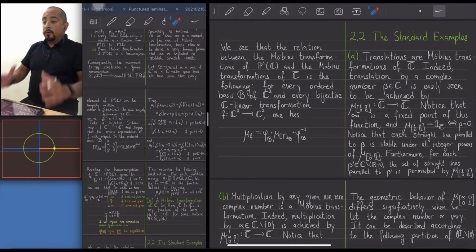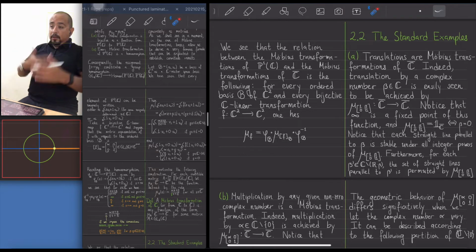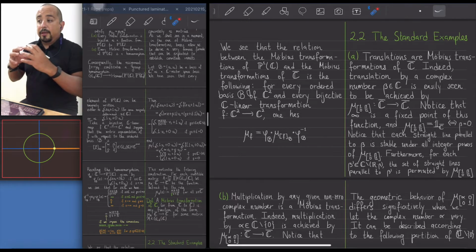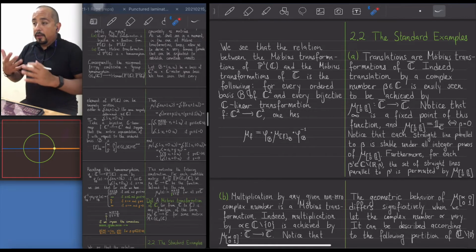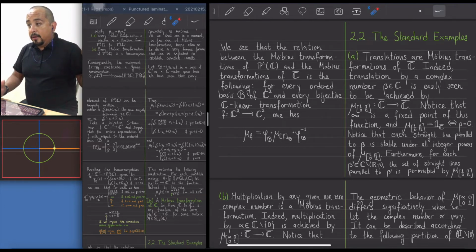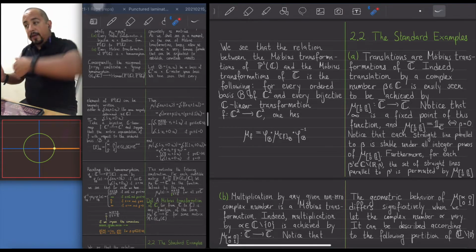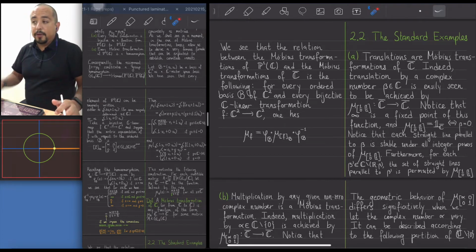So our systematic study of Möbius transformations starts by first studying the obvious ones, for which the geometric analysis can be performed in a very simple-minded manner, and then later using some kind of force the machine so that one can describe the geometric behavior of any transformation by means of the geometric behavior of the obvious Möbius transformations.